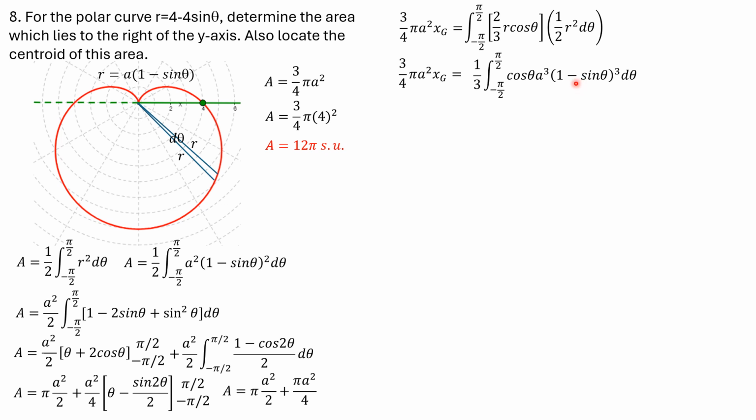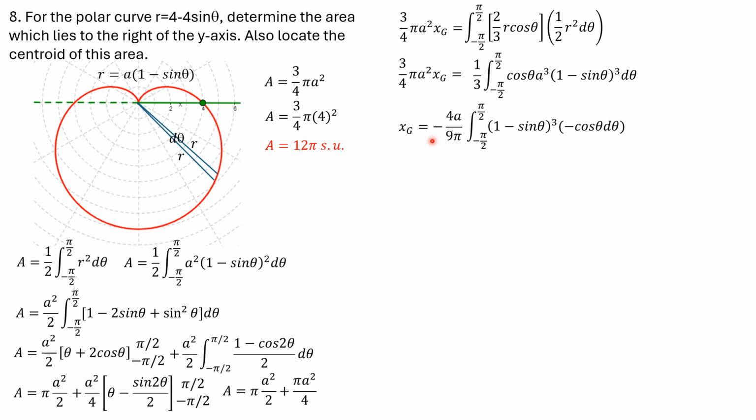But we can apply the power formula here because if we let u be 1 minus sine theta, the differential of this is negative cosine theta d theta. All you have to do is introduce negative 1. So x sub g is 4a over 9 pi, then the integral of quantity 1 minus sine theta cubed times negative cosine theta d theta, and this is already the negative sign.